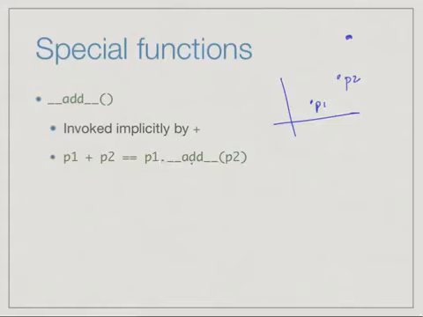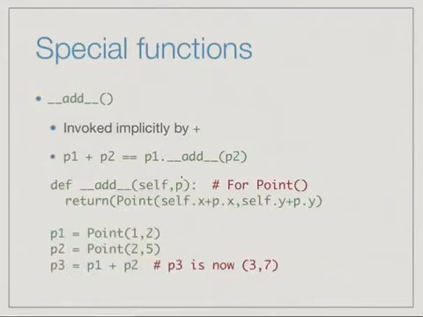So let us assume that we want to construct a new point whose x coordinate and y coordinate are the sum of the two points given to us. Here is the way we would do it. We would create a new point whose x coordinate is self.x plus p.x. Now notice that self is the point associated with p1 in this case, in __add__. So self refers to p1 when I say p1 plus p2, and the other argument p2 is the point p.